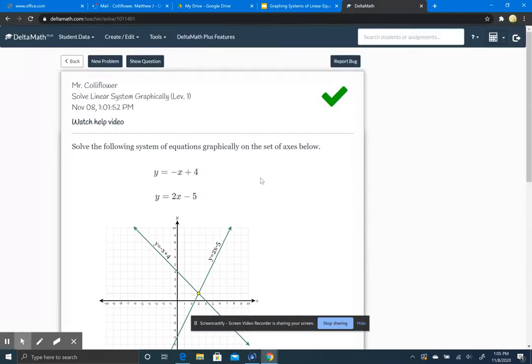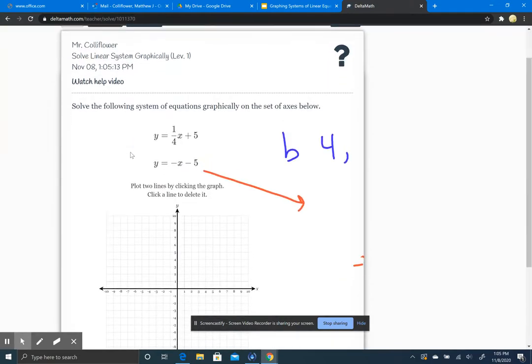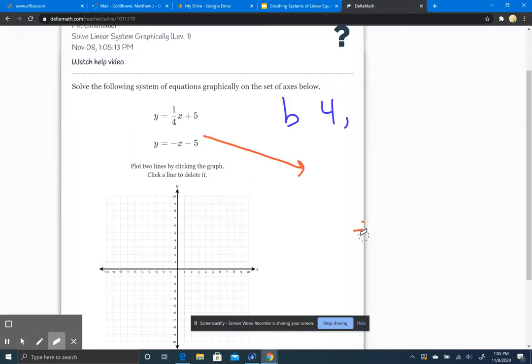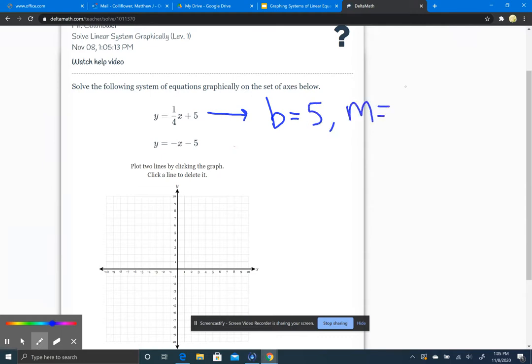All right, let's try another. Here's a new system of equations. My first line is y equals 1 over 4 times x plus 5, and my second line is y equals -x minus 5. And so if I'm graphing my first line, I know that the y-intercept is 5, and my slope is 1 over 4.